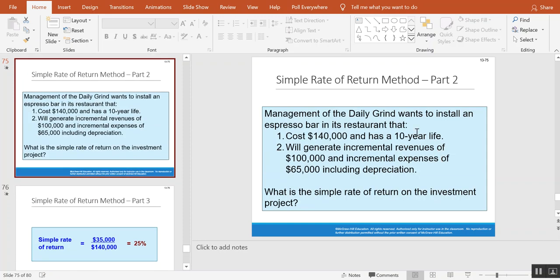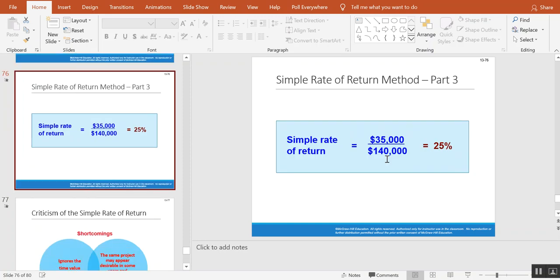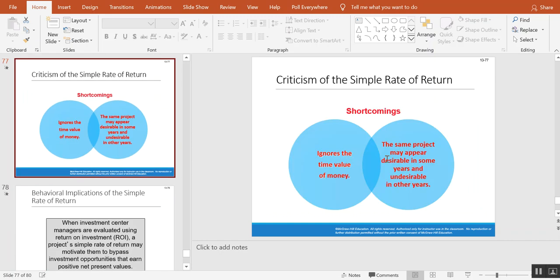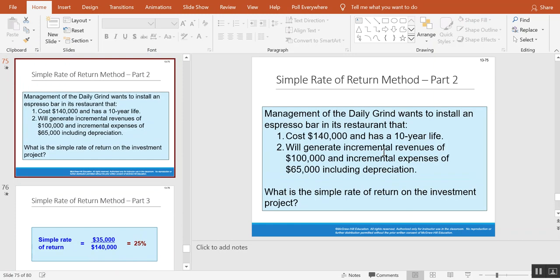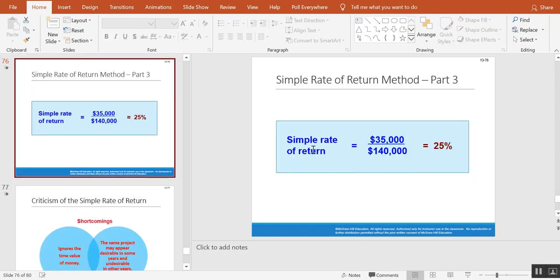The problem in this calculation is that we're ignoring the time value of money, and actually there are some non-cash items in here, including depreciation. But anyway, the simple rate of return is a very easy calculation to make, and it's something that you should be aware of.